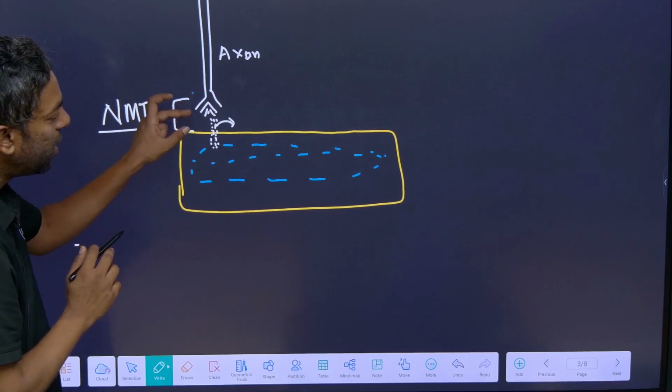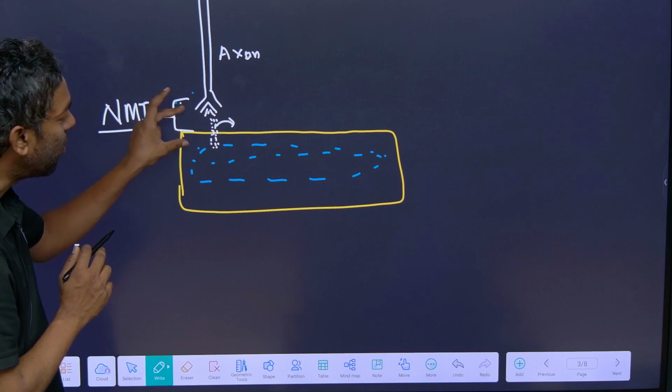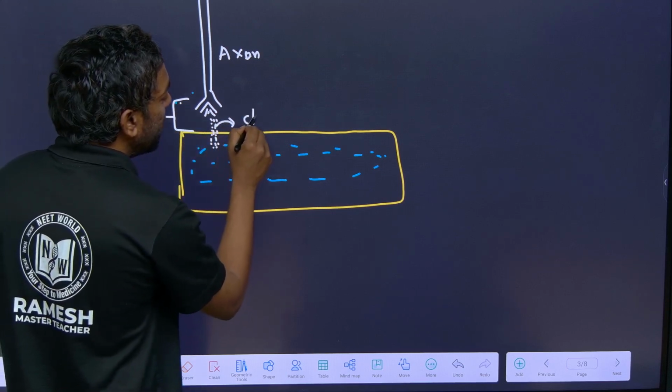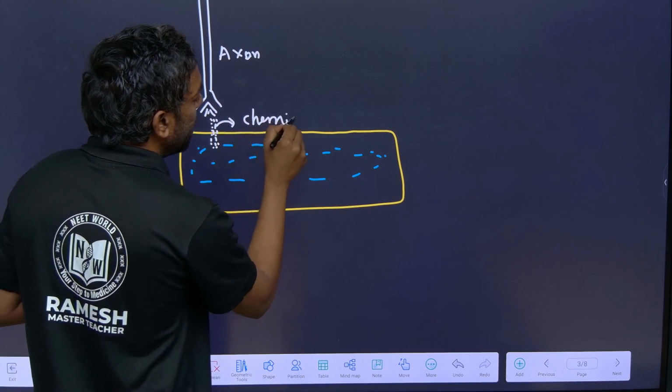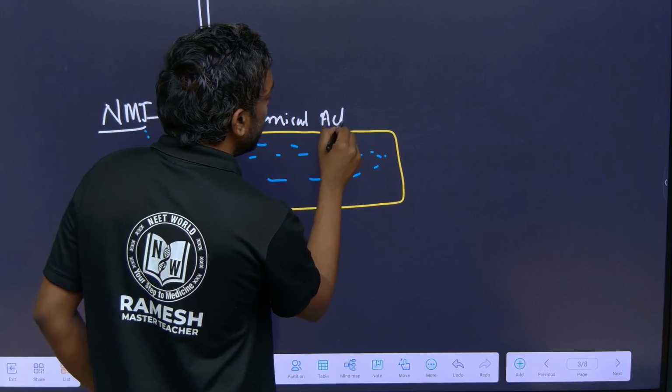This is the neuron and this is the muscle. There is a junction, meaning a space, a synapse, which we call the neuromuscular junction, that releases a chemical called acetylcholine, ACh.